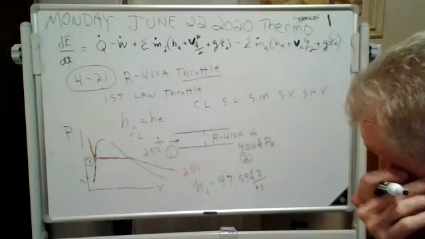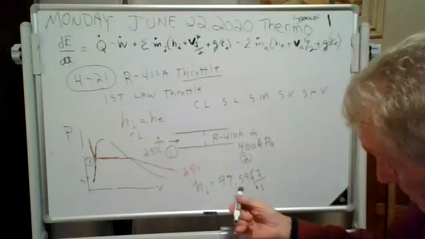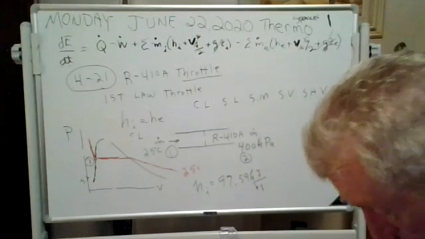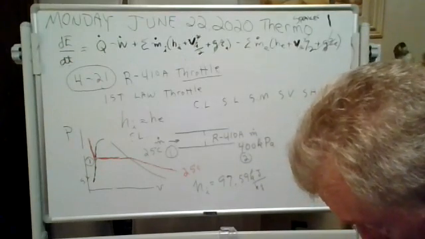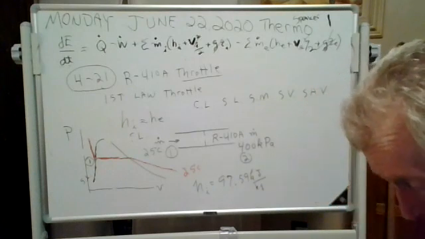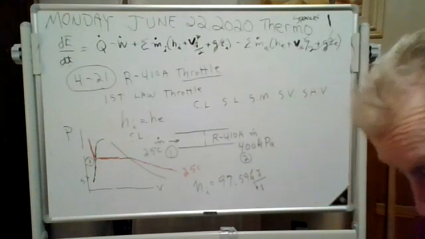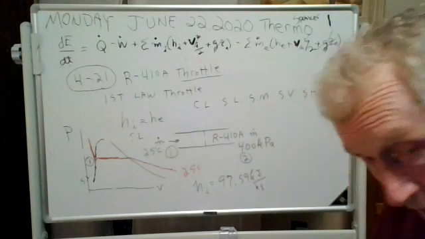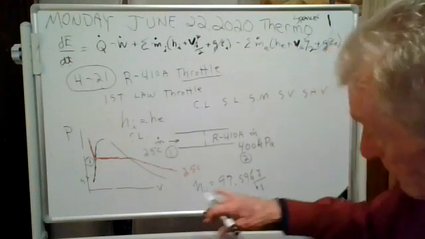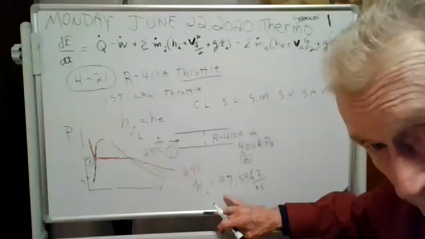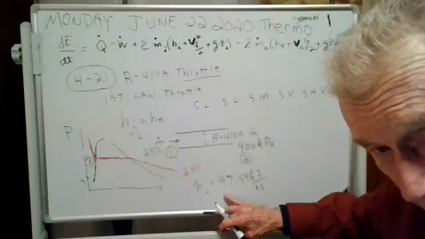Now I need one of my students to say that they can find that. Can you find it? I need somebody to back me up here, because I think twice today I've goofed up and written the wrong number down. Do I have the right number for the incoming specific enthalpy? Do I?